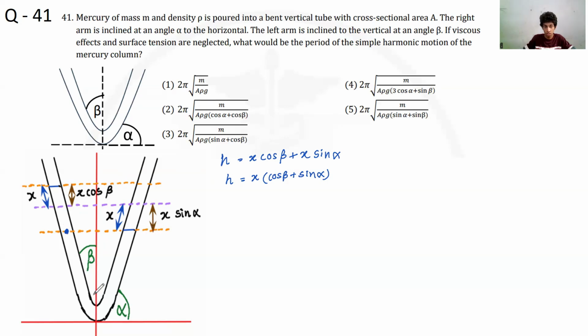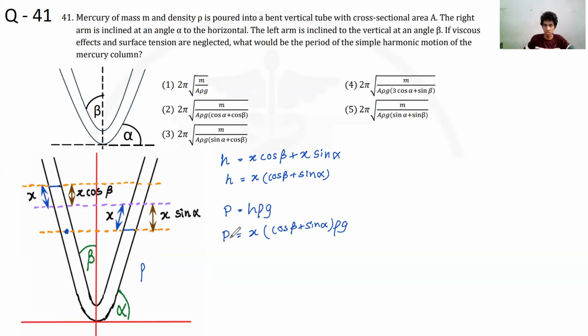Due to this height difference, an excess pressure will act on the liquid column. If the excess pressure is P, that is equal to h rho g, where rho is the density of mercury. So P is equal to x into (cos beta plus sine alpha) rho g. Therefore, this is the excess pressure that acts on the liquid column.